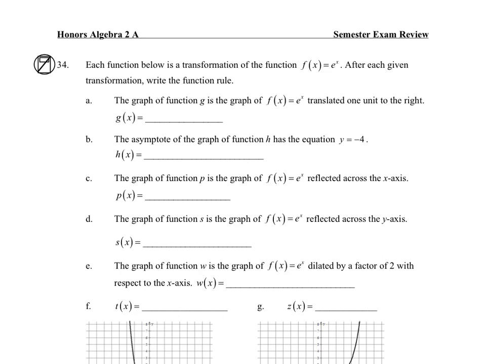All right, transformations on e to the x. Translated 1 unit to the right. So that's an exponent of x minus 1. So then for b, if the asymptote has an equation at y equals negative 4, down here, what that means is our graph was moved down 4.